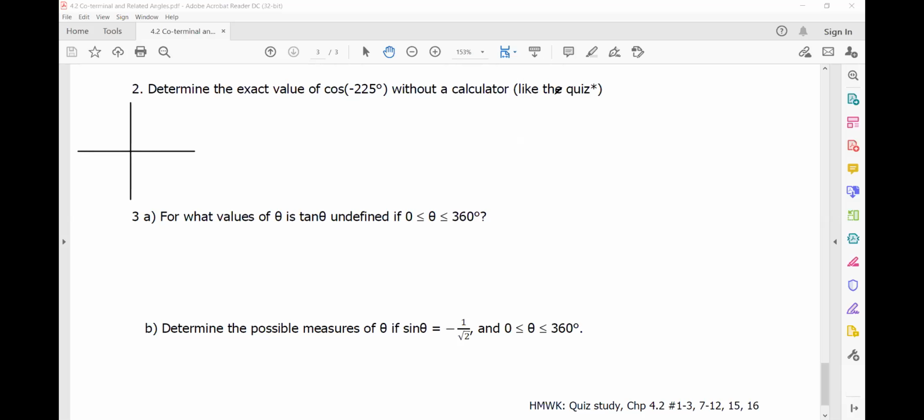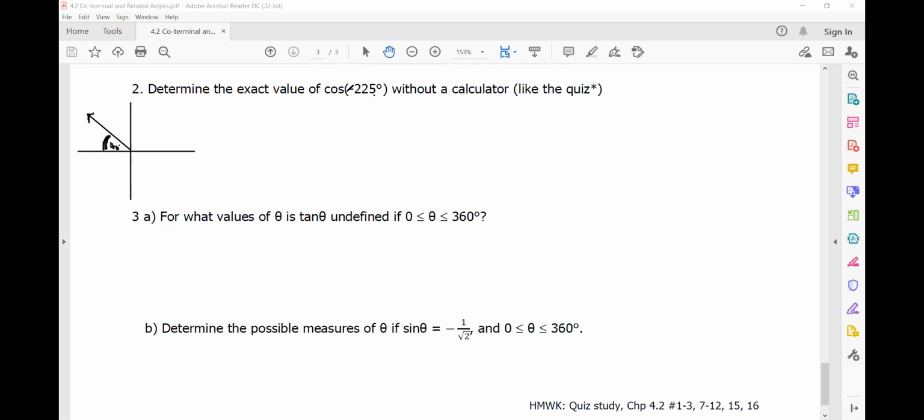So let me make a nice clean drawing with the terminal arm here, which I rotated as 225, or you can say I rotated, so this is negative 225. I could say I rotated in the positive 135 direction. Either way, using this information, I know that the little angle inside that terminal arm that makes the angle with the x-axis is 45 degrees.